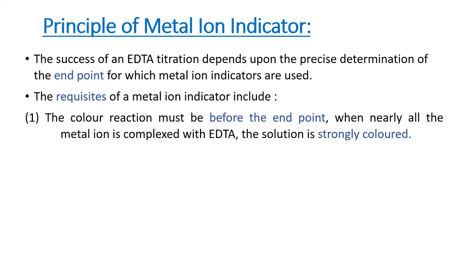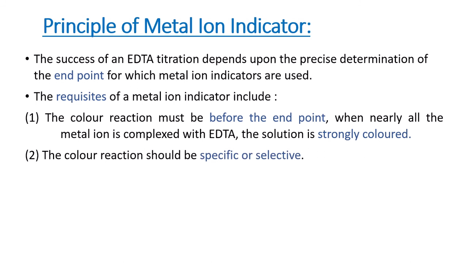This means that the color reaction which we get before the end point and after the end point should be a complete conversion of the metal ion into an EDTA complex. So the metal EDTA complex which is formed after the end point should be complete, and hence it gives a strong change in the color.